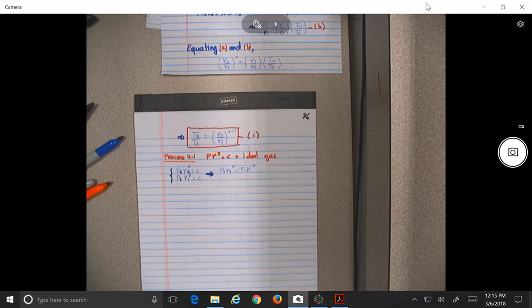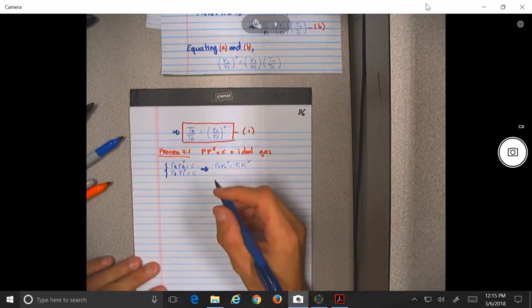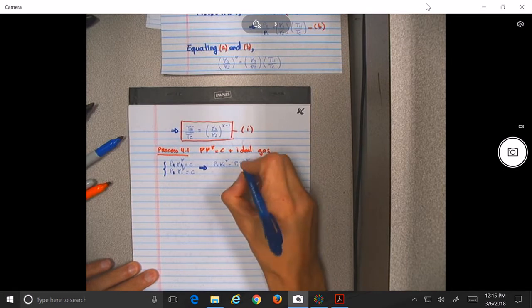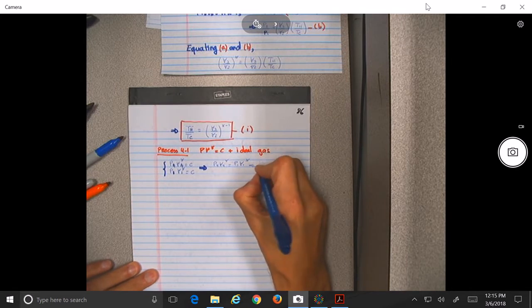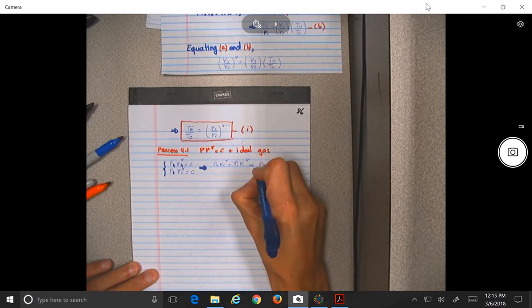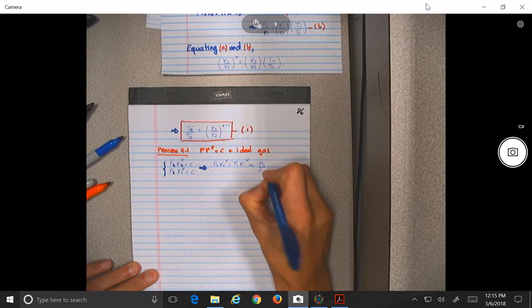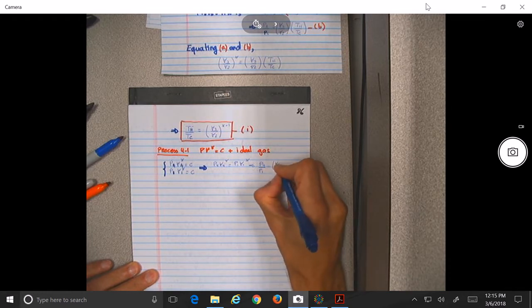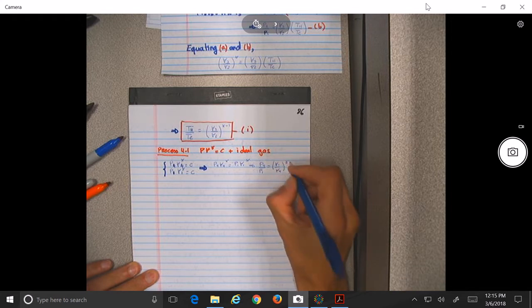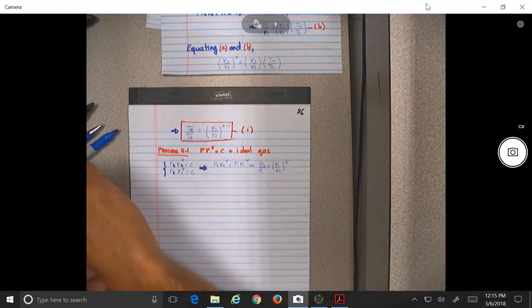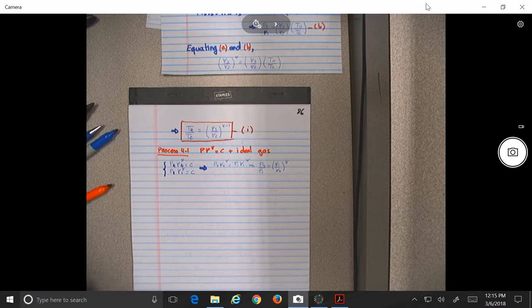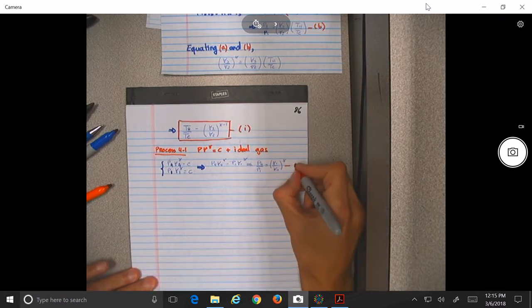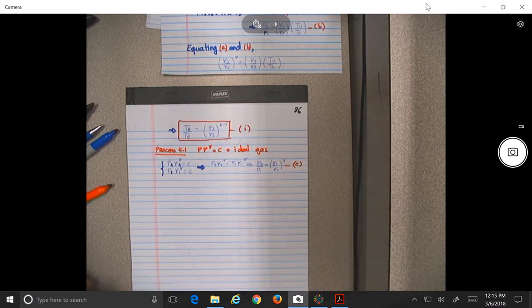P4 over P1, that's fine. It doesn't matter; we have to do an inverse if we didn't get it right. So P4 over P1 will be equal to V1 over V4 to the gamma.